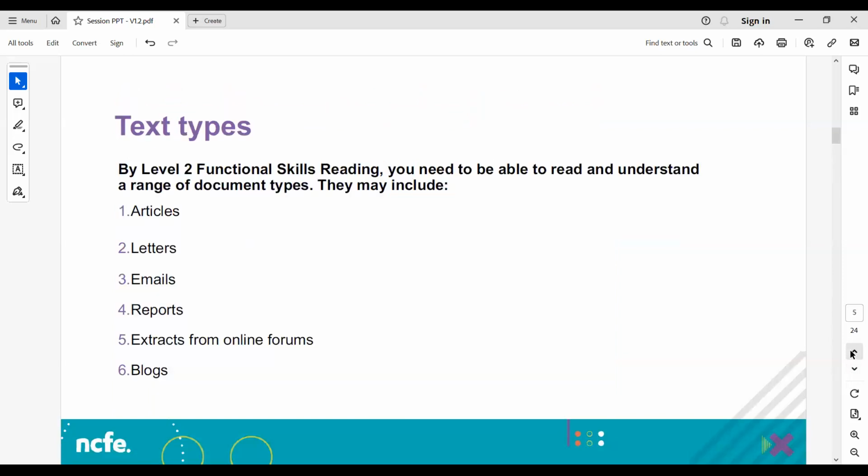So if you think about these text types, just have a quick read of those numbered text types, the list, and then we'll look again and you can think about which one of these text types you might find the structural features in.